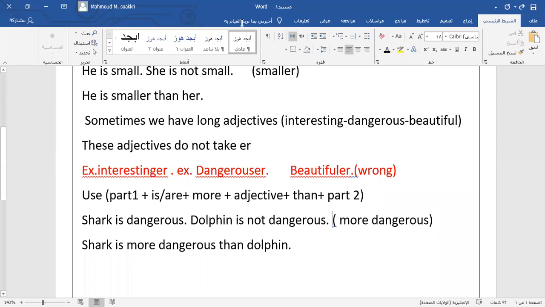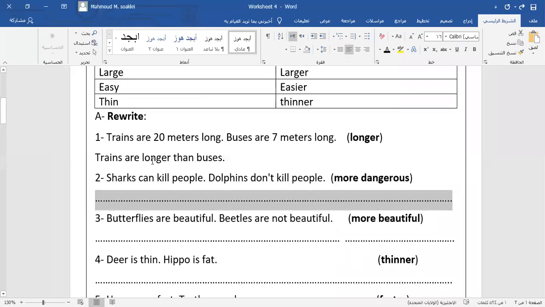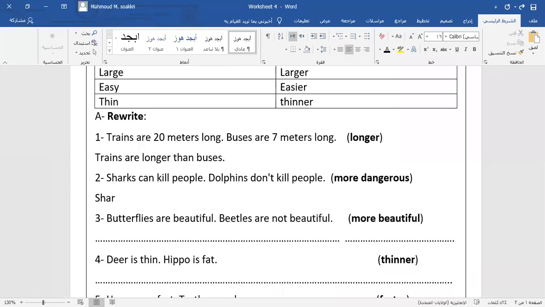Excellent. Now let's go back to your question. Answer your question, and if you make a mistake, it's okay, no problem in that. Sharks can kill people, okay? Dolphins don't kill people, okay? Which one is more dangerous? Shark. So I start with part 1. Shark. But here the word is sharks, okay? So it is plural word. Does it take is or are? Are. Excellent.